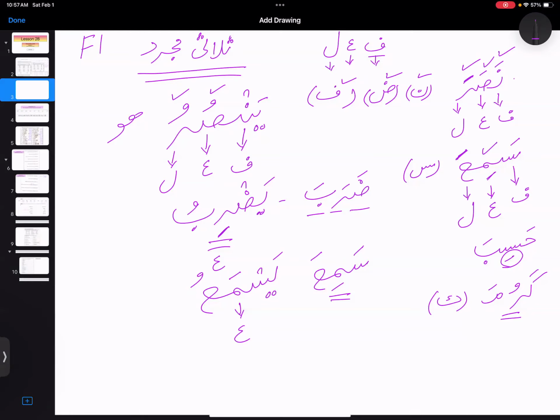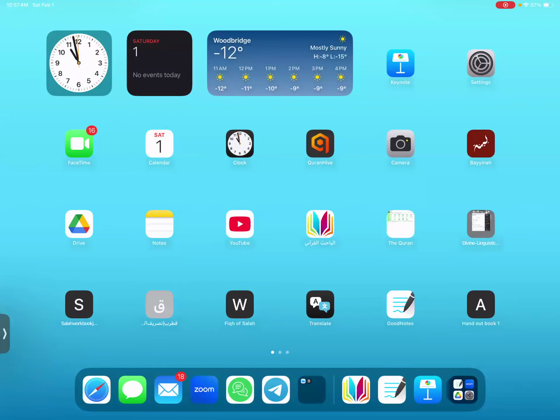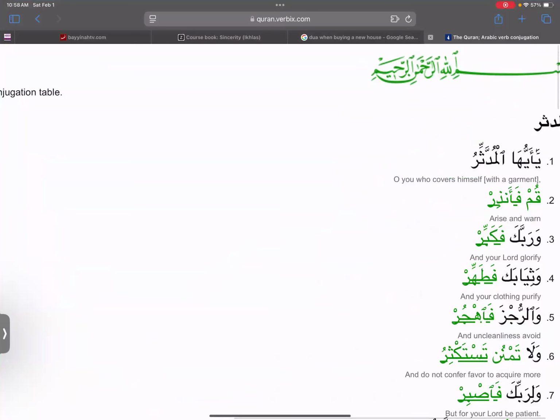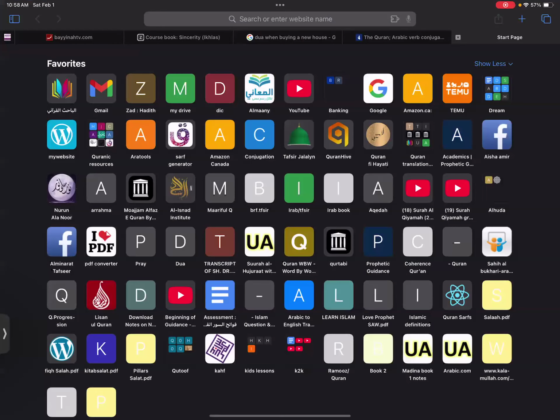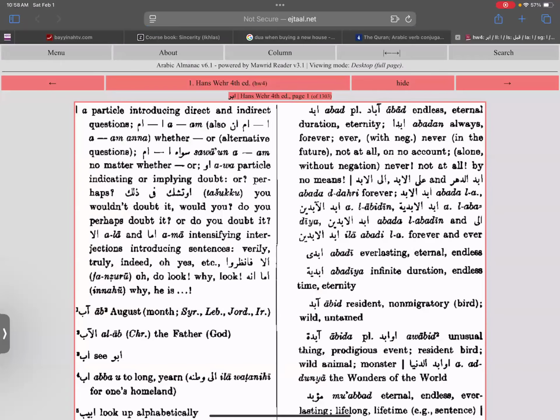And I can show you the dictionary as well, how it works and how you can find the bab in it, because mostly we go to the dictionary to find out what bab it is.